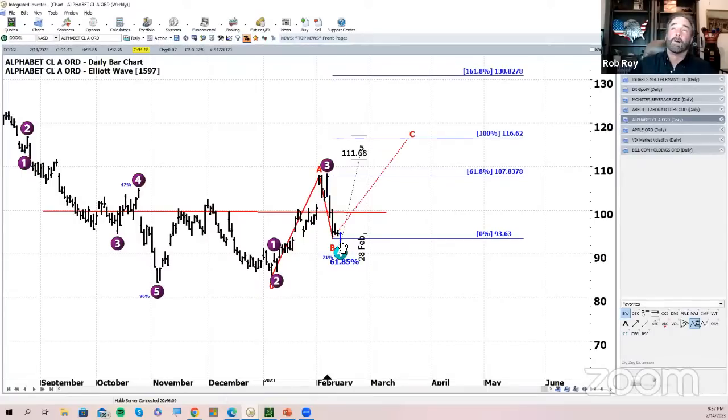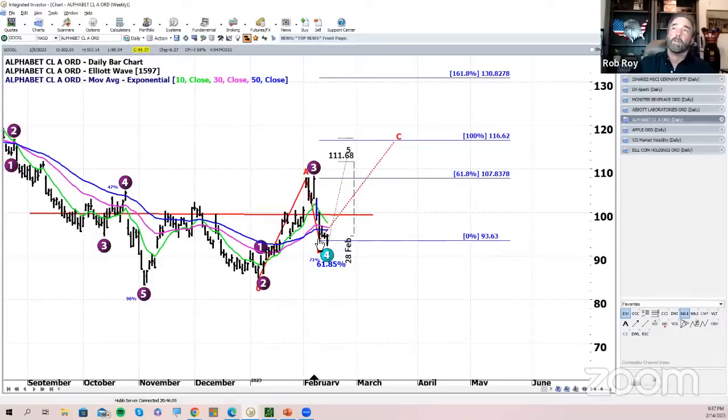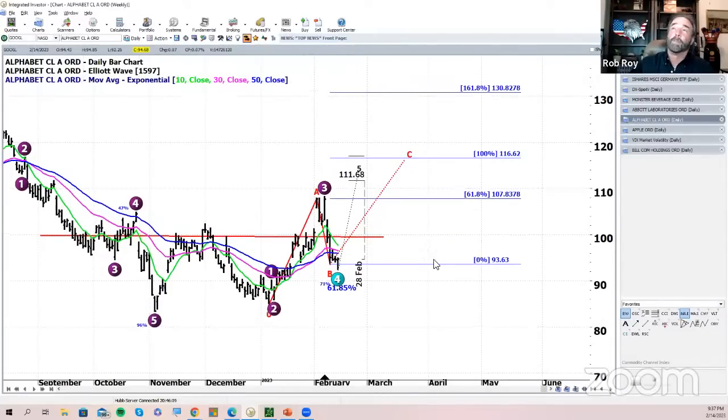It was trying to break lower today. It didn't look too good this morning, but it got back above that level at the close. And if we look at the 10-day moving average, you can see we're still a little bit oversold, not as much as we were. But I wanted to give that 61.8% level a chance to hold. Again, I'm a big believer in the 61.8% fib level. It's the strongest level in my opinion. So I wanted to give it a shot there.